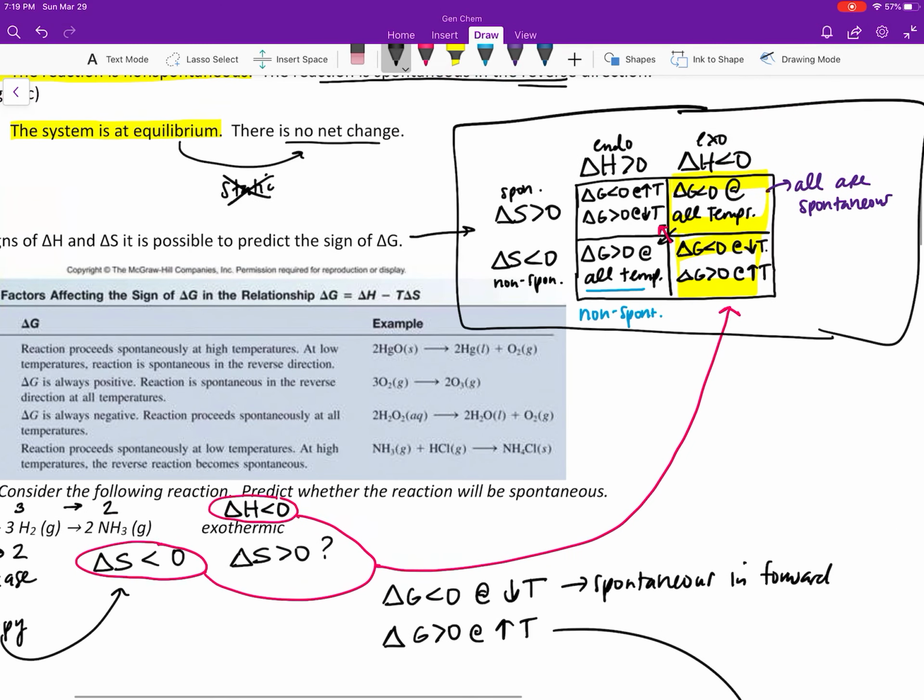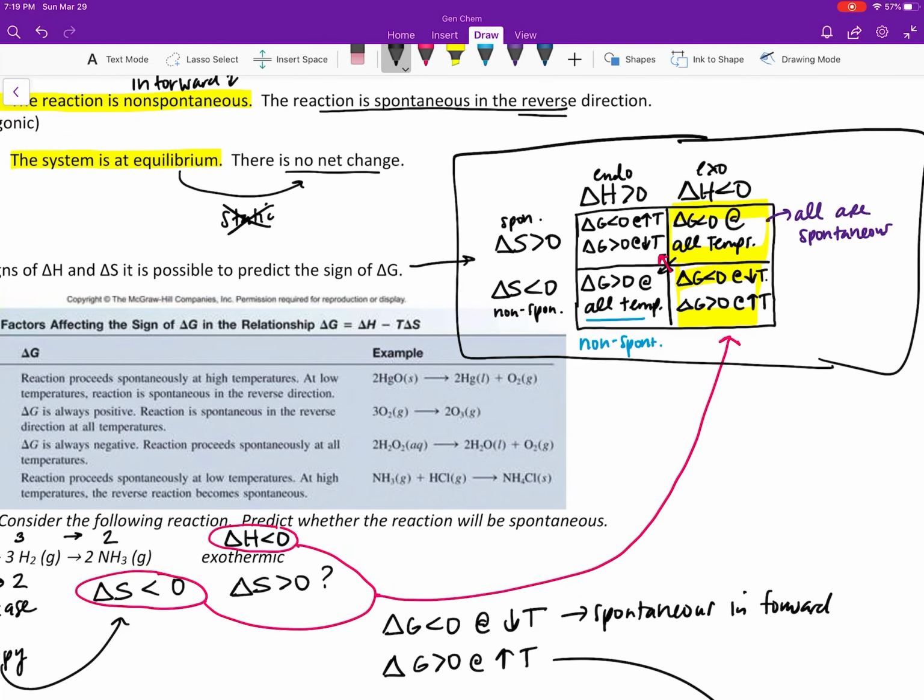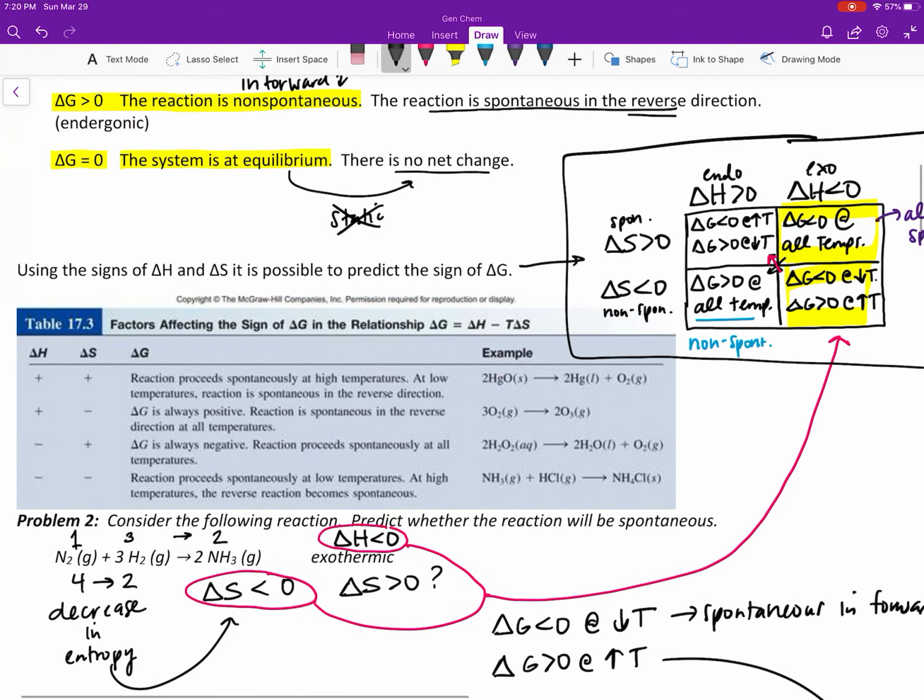We have this table, which will help us to predict what the sign of delta G may be. You need to know that table.